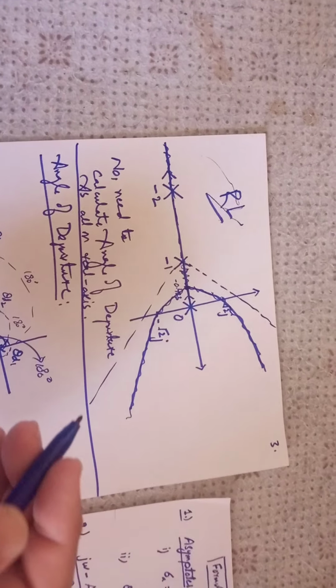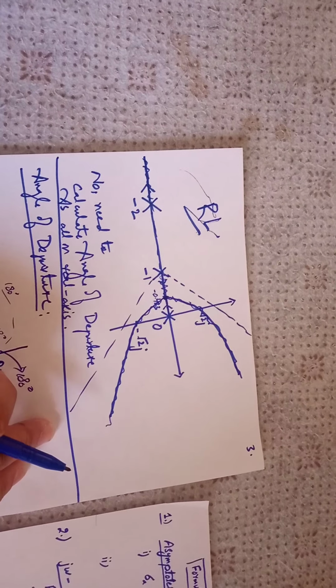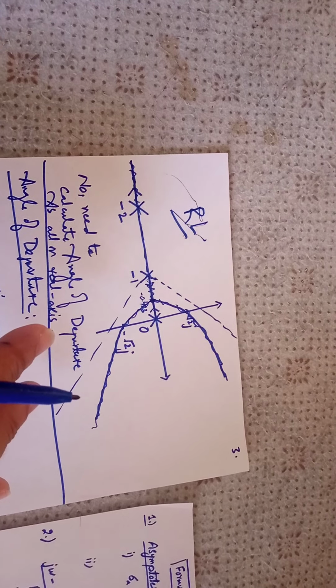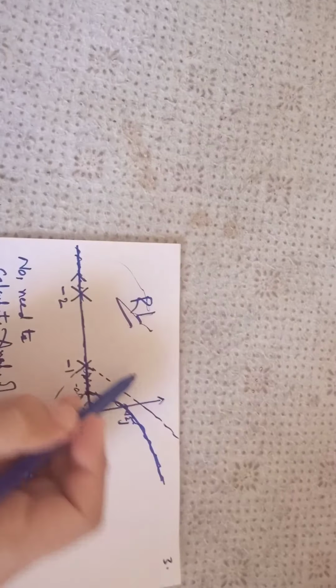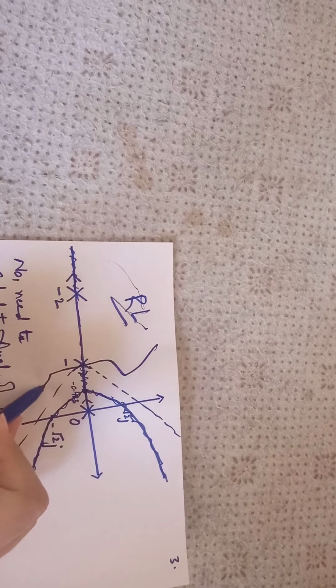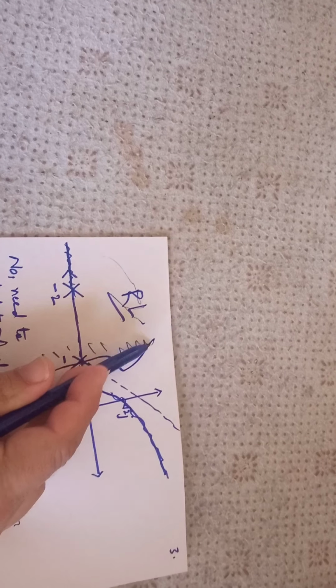For example, when we discuss in the next phase, if you remember, we have some design specifications. That specification, if you remember, we have a curve something like this that tells us that our closed loop poles must lie in this direction.